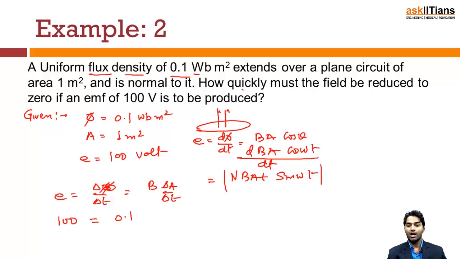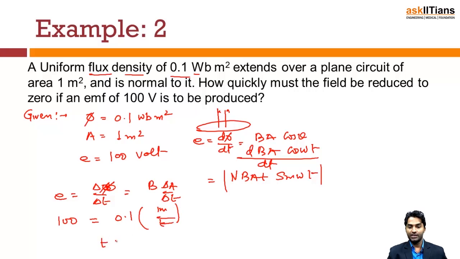So we want to know how quickly the field must be reduced to 0 if the EMF is 100 volt. So we take the initial value and finally put in the area, 1 meter square, upon time t.